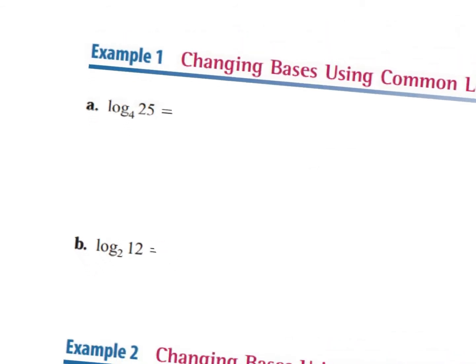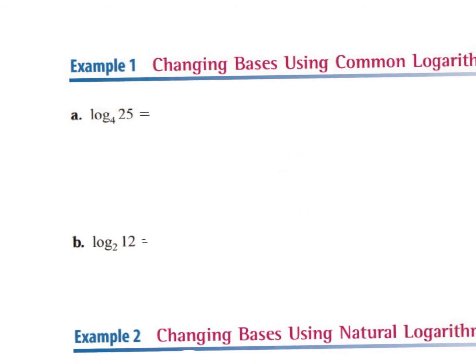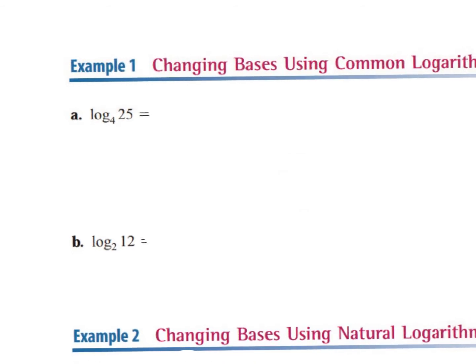So when you have a problem like this and they want you to use the change of base formula, you have to take the log in your calculator. You would hit log of the physically bigger number, the large number, and divide it by the log of the tiny number.